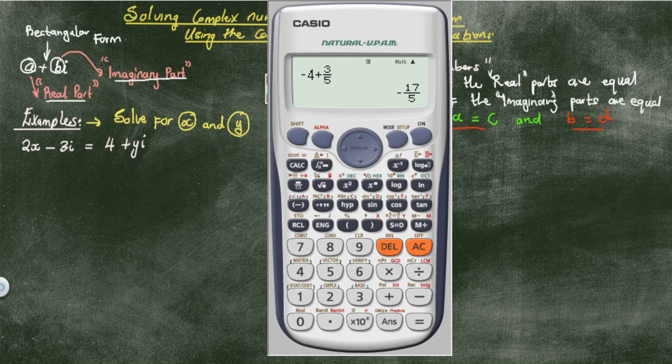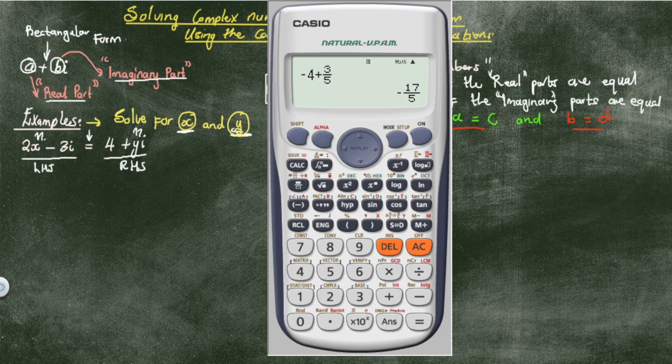The left hand side is 2x minus 3i. This is the left hand side, this is the right hand side. We have an equal sign between the two sides. So they are basically saying that this complex number on the left hand side is equal to the complex number on the right hand side. But there's a problem. I don't know what x is, I don't know what y is. So we have to find the value for x and y.